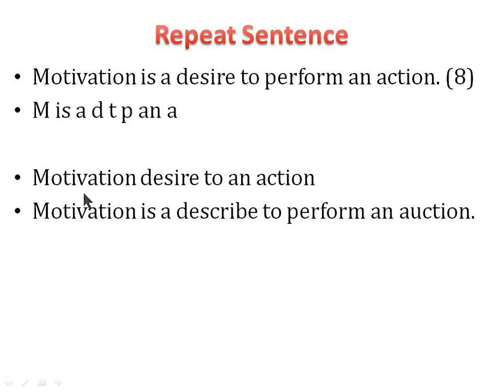You can say motivation, desire to an action, rather than saying motivation is a. And try not to correct yourselves. For example, you said motivation, desire to an action, and suddenly you remember the whole sentence. Don't repeat it. Don't say motivation is a desire to.